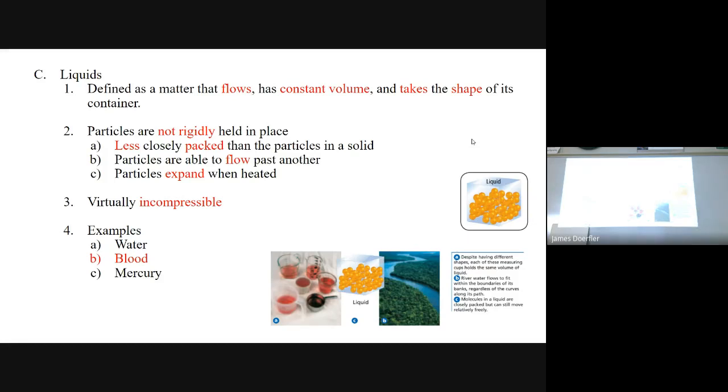Now liquids are considered to be virtually incompressible. It doesn't say incompressible; it says virtually incompressible, because you can argue that because they are more loosely packed than solids, there might be a very minute amount of space for them to move where you can compress them. But really it's so small, if at all measurable, that we can't really rule it out as incompressible.